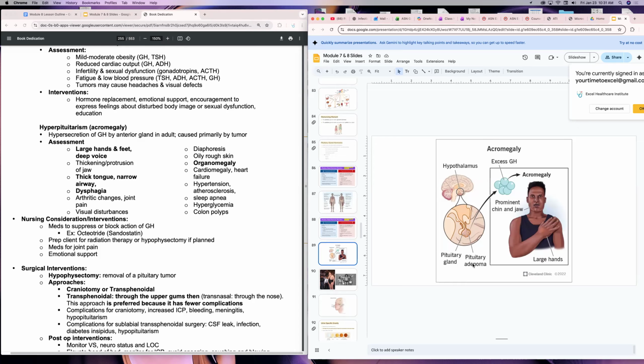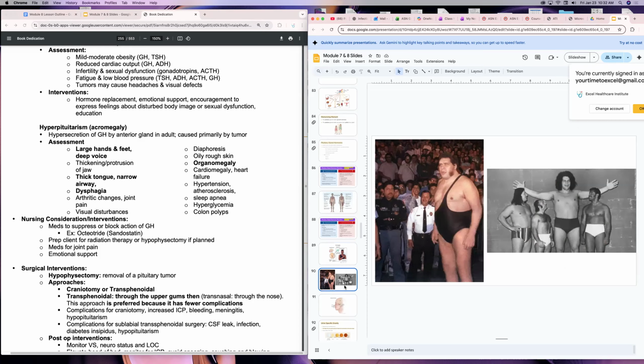So pituitary adenoma is a tumor of the pituitary gland. And what happens is the tumor compresses on the pituitary gland, and it can cause it to release too much. And so in this case, it's releasing too much growth hormone, which is what causes hyperpituitarism, which is acromegaly. So individuals with acromegaly are very large.